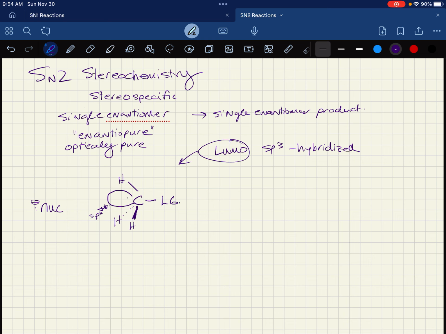And this LUMO is basically where the nucleophile is going to put its electrons in order to make the new bond. So for that reason, the attack of the nucleophile is always going to be on the opposite side of the leaving group.